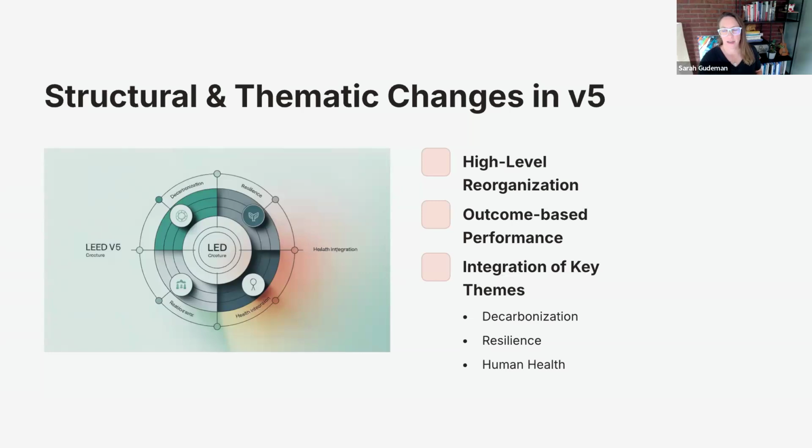And this was really a high-level reorganization, as I mentioned. We're looking at outcome-based performance and setting projects up for success, and really trying to bridge that gap from design intent and rating systems like building design and construction, interior design and construction, and core and shell, to operations and maintenance. I'm going to try to talk about BD&C, ID&C, and O&M all at the same time in this presentation.